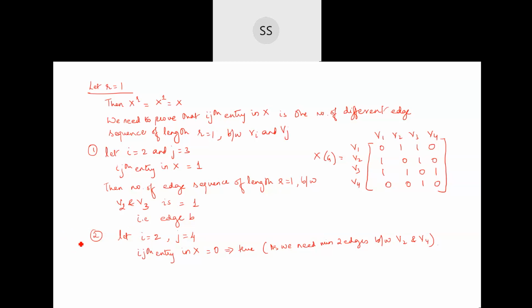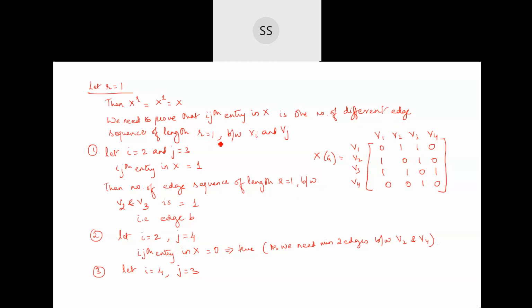Now let us take one more example. Let I be equal to 4 and J be equal to 3. So there is one possibility of connecting V4 and V3 with a single edge. R is the value 1, and the number of edge sequences of length R equal to 1.